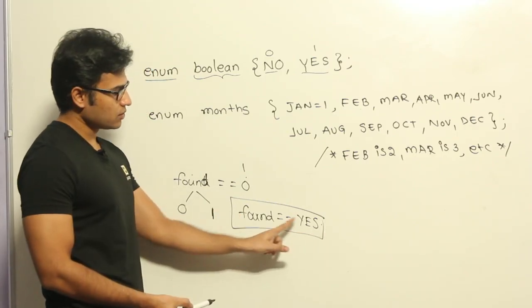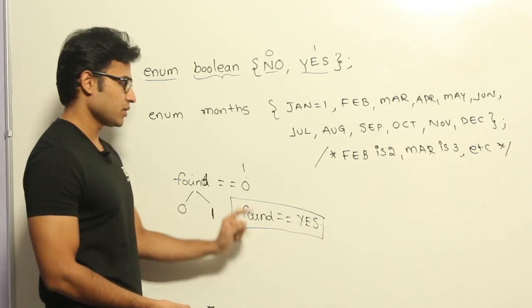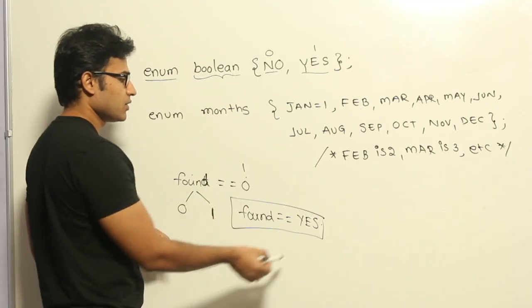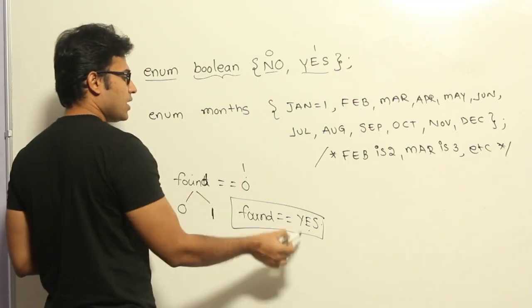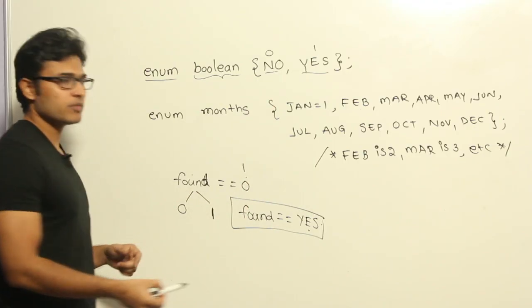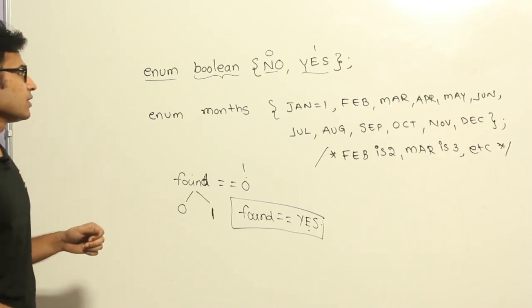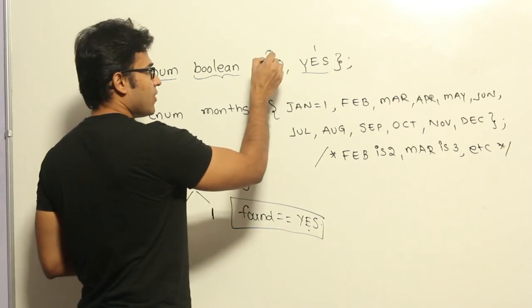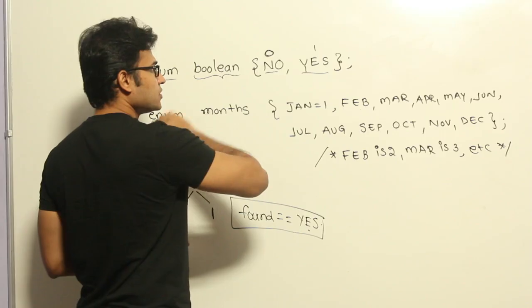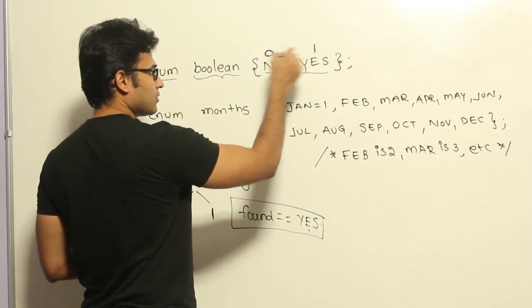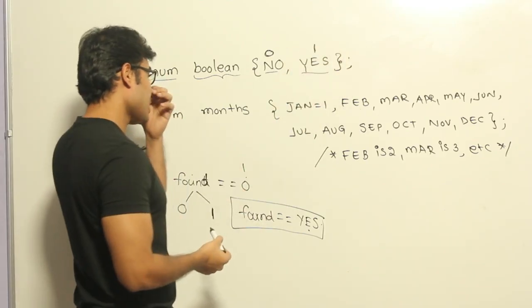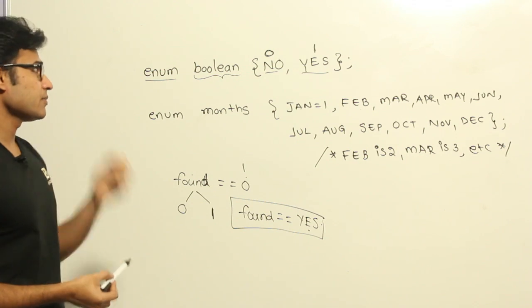So if the value is found, if yes, that is the meaning of it, right? Instead of comparing it with 0 and 1, by defining this way, the program will be more meaningful, right? Similarly, one more thing is the default value of the first one will be 0 and the second one will be 1, and so on, it will increment unless you specifically mention some numbers there.